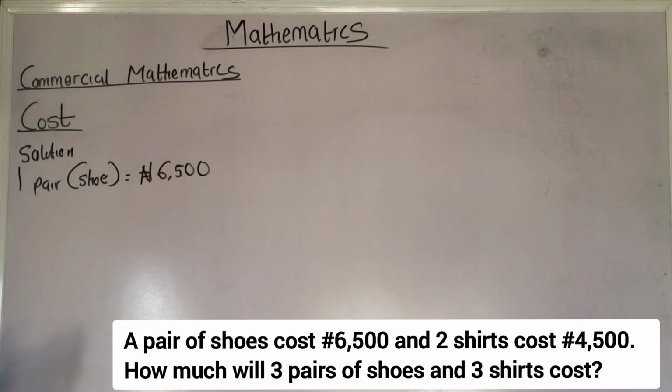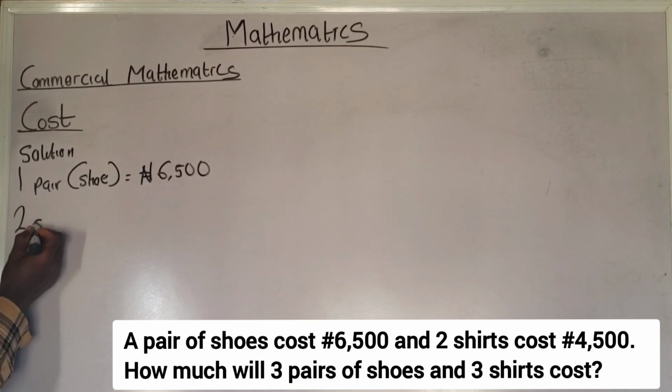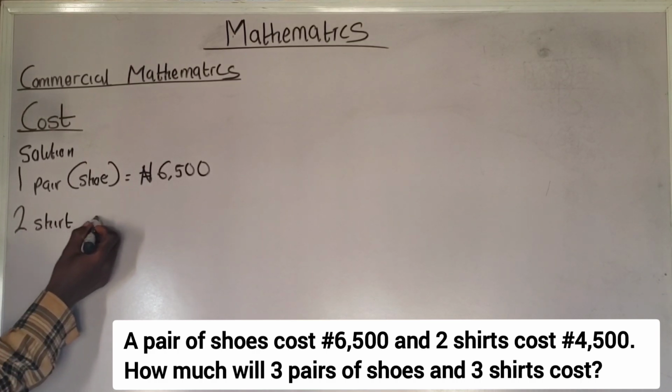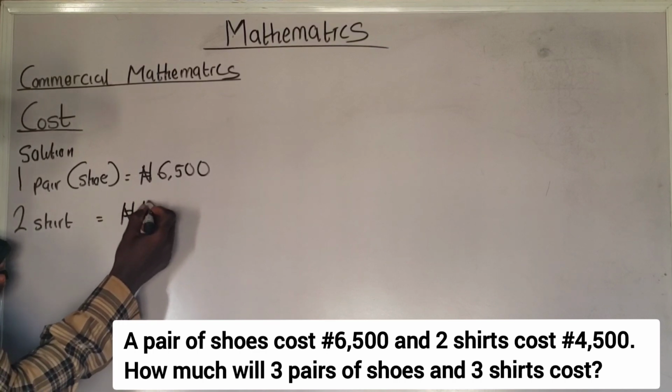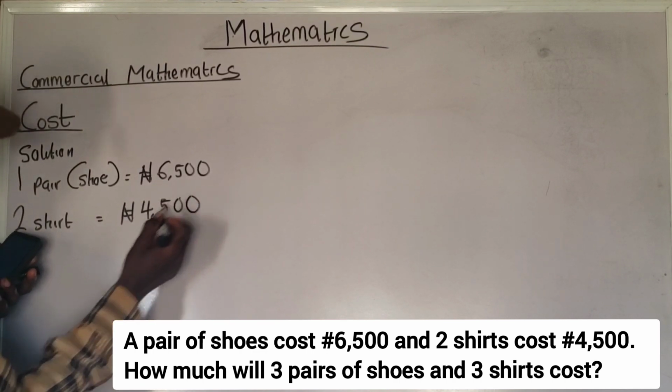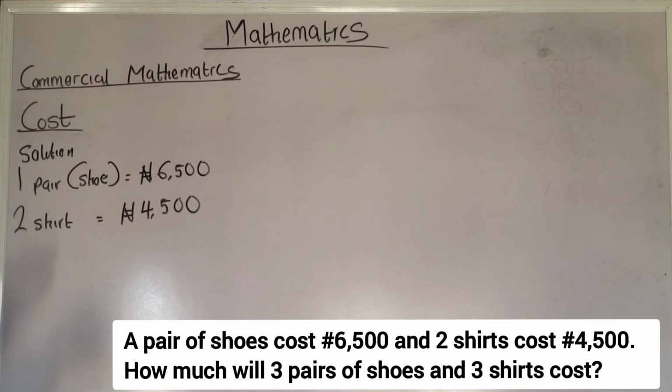You understand? Okay. The other information that we are given in the question is that 2 shirts cost 4,500 naira. So 2 shirts cost 4,500 naira. Now we are asked to determine the cost of 3 pairs of shoes and 3 shirts.